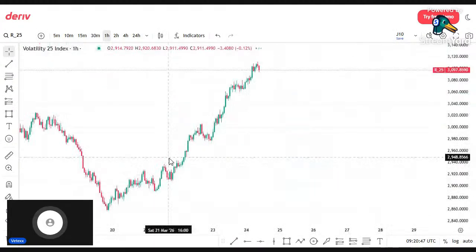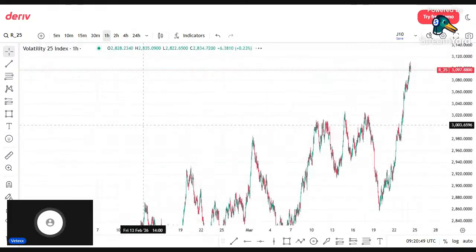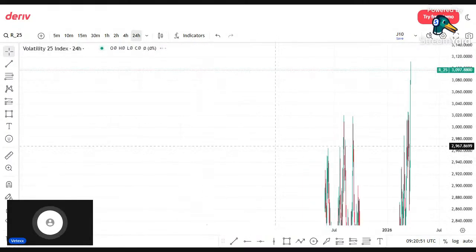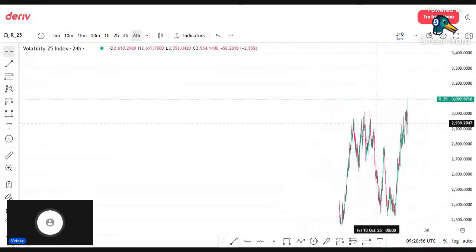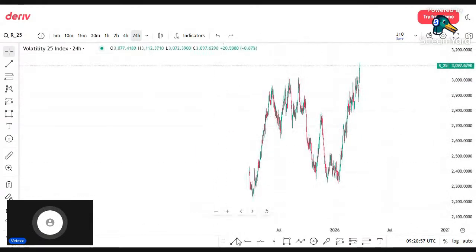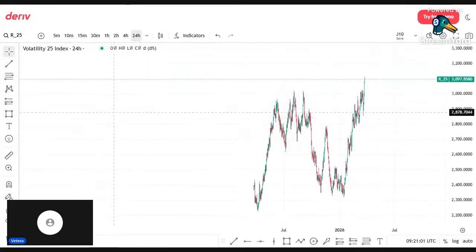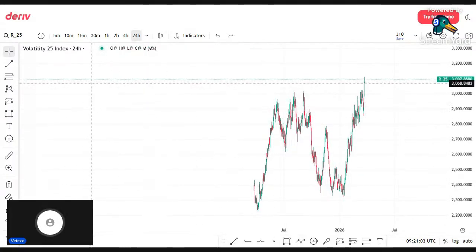V25, on the other hand, has been on a bullish move, but we have been bearish for the longest on V25 one index. So on a weekly time frame, price gave us a move like this. Price gave us this move on the weekly time frame.